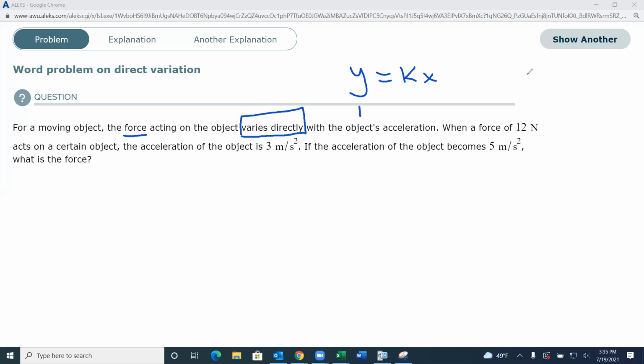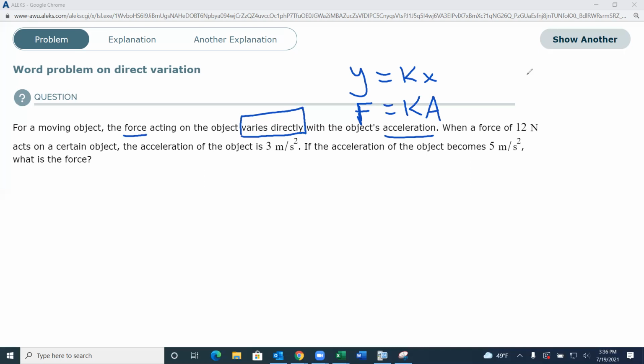And whatever comes after it, like acceleration, is going to be your independent variable, like x. So F equals ka. Force equals k times acceleration.